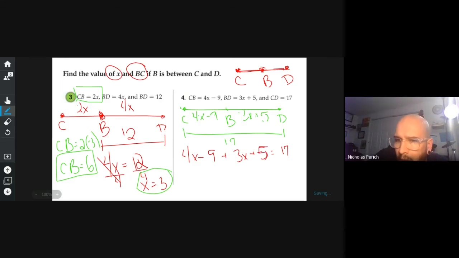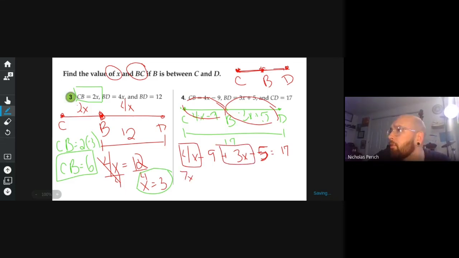And again, you got to kind of forgive me for my screen not working as well as I wish it would. 4x minus 9 was that piece. 3x plus 5 was that piece. Adding them all up, I get 17. So I have 4x and I have 3x. They combine to make 7x. I have negative 9 and negative 5. They combine to make negative 14. And that equals 17.